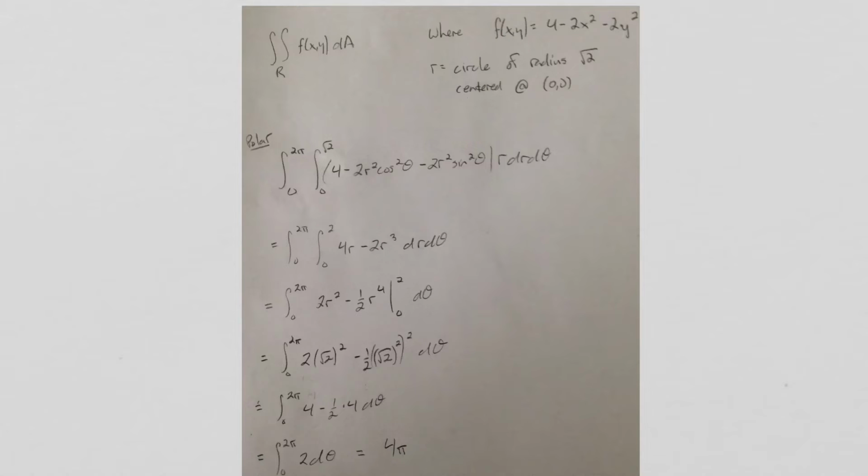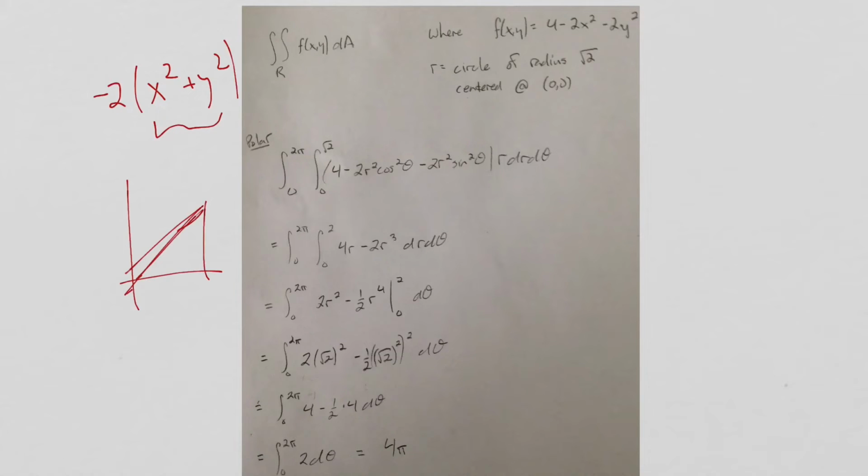Another way to do that is to take 2 and then take a negative 2 and then go x squared plus y squared, and then recognize that in polar, this is the radius, this is x, this is y, this is r squared by Pythagorean theorem. So you don't necessarily have to use the Pythagorean identity, although it would get me to the same thing.